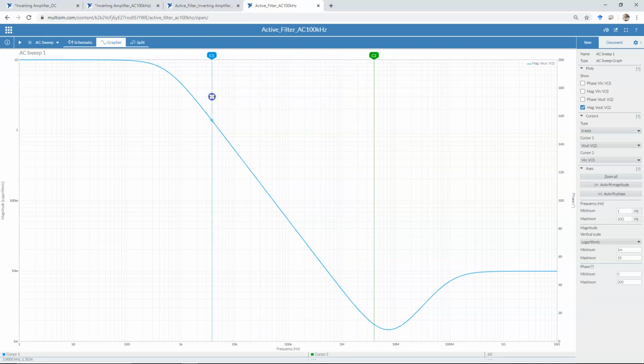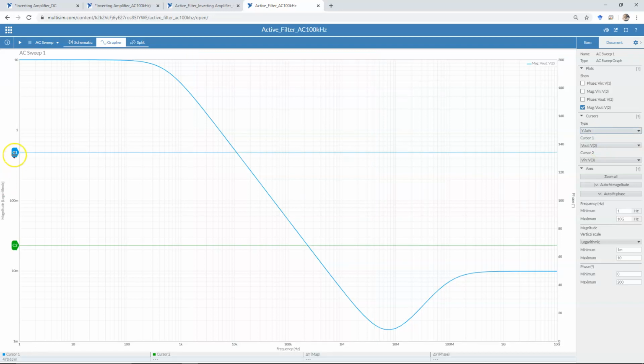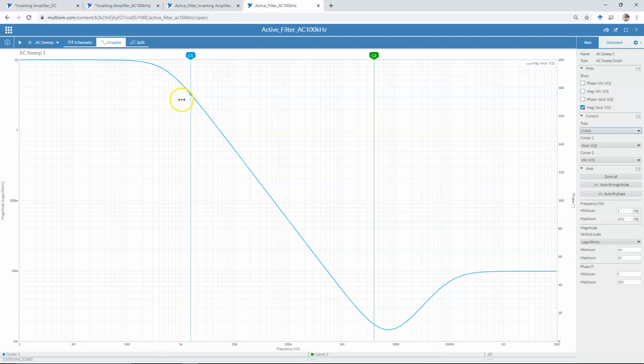We said it was at 7.07 volts. So I'm going to try and put this cursor, if I can, right at 0.707, so 7.07. Cursor 1 is going to give me the y-axis value.